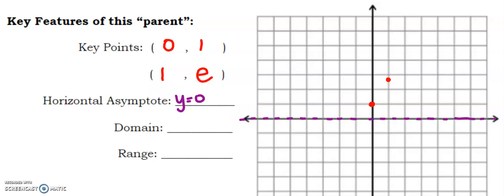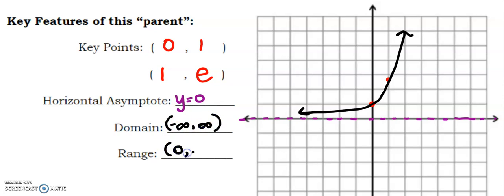And our overall curvature of this graph is an exponential growth model. Our domain here is going to be from negative infinity to infinity, and our range is going to be as close to 0 as possible without touching it all the way up to infinity. So again, it fits our exponential growth model that we are used to working with.